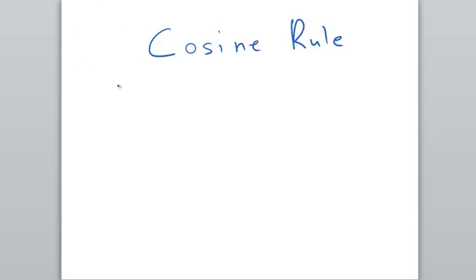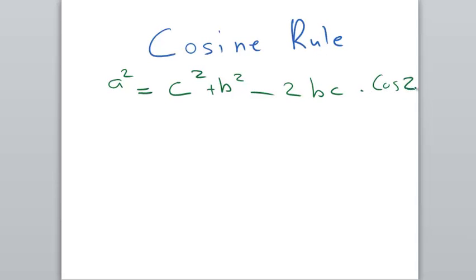So the cosine rule states that a square is equal to c square plus b square minus 2bc times cos z.